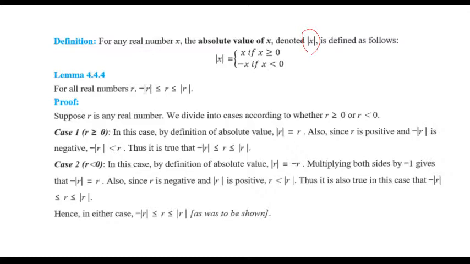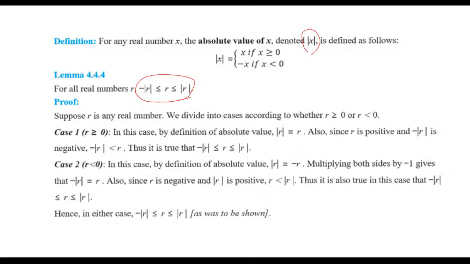Here is the lemma. It says all real numbers R should satisfy this inequality. Basically, R should be less than or equal to the absolute value of R, and should be greater than or equal to the negative of the absolute value. And here is the proof.